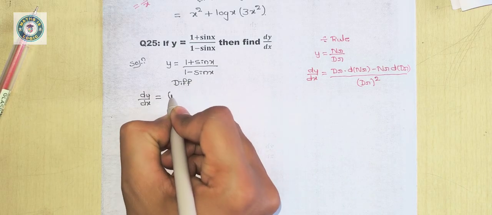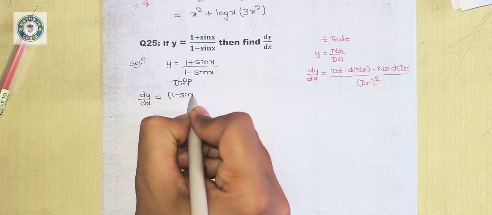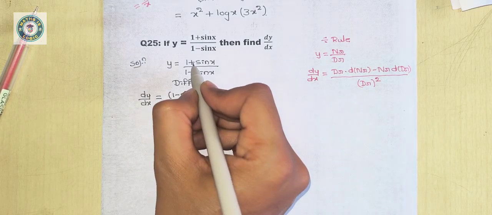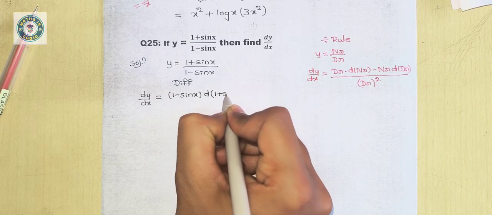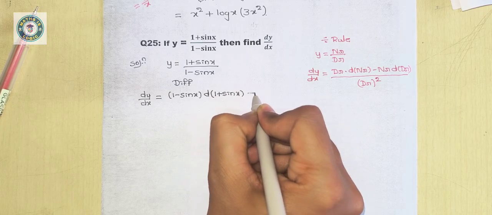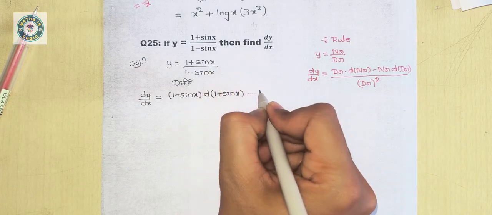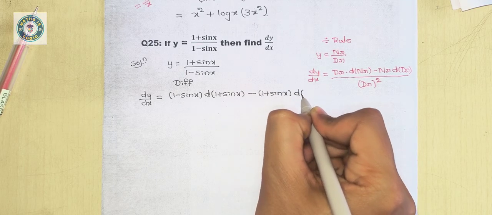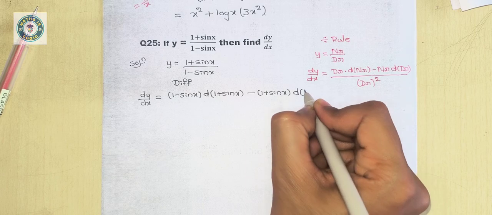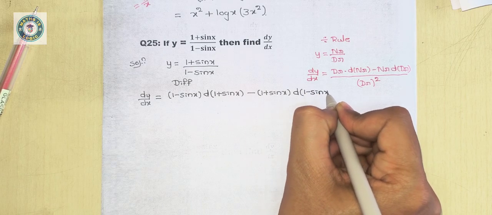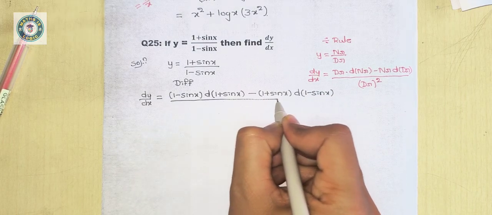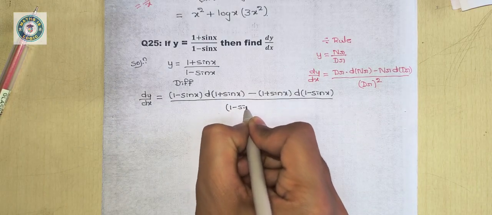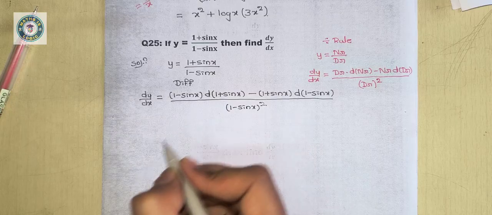What is the denominator? 1 minus sin x, keep it as it is in the bracket. Next, differentiation of the numerator. What is the numerator here? 1 plus sin x. In the middle a minus sign. Next numerator 1 plus sin x, keep it as it is. Next differentiation of denominator 1 minus sin x. Next divided by denominator square, that is 1 minus sin x whole square. So this is the rule.